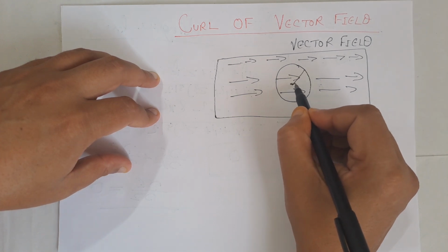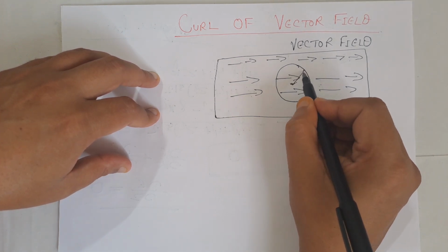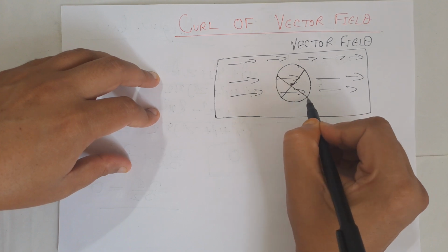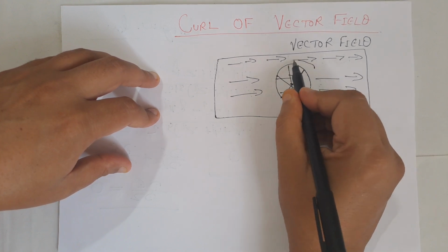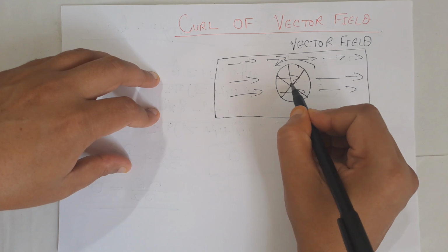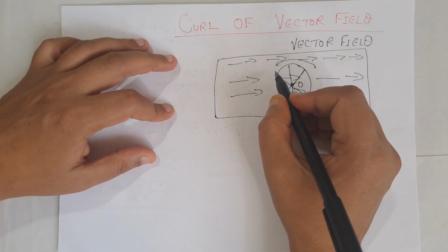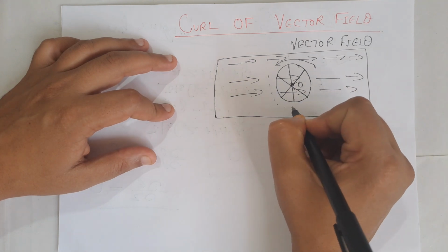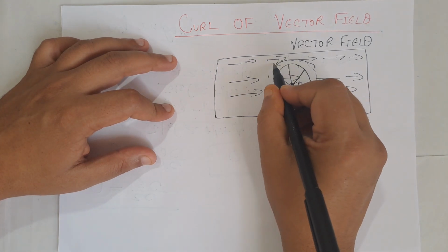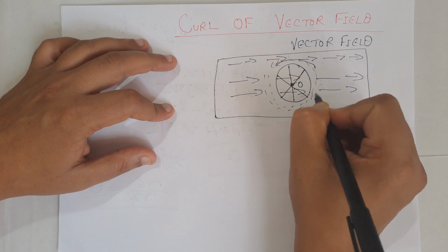This is the wheel which is rotating about its axis O. Then the water particles will also rotate with this wheel.